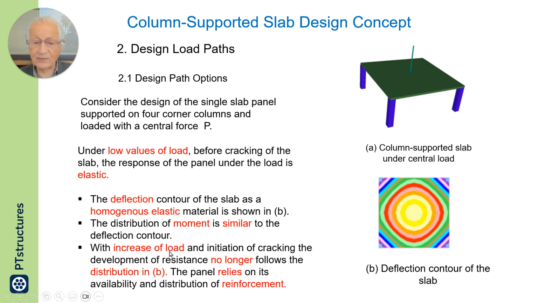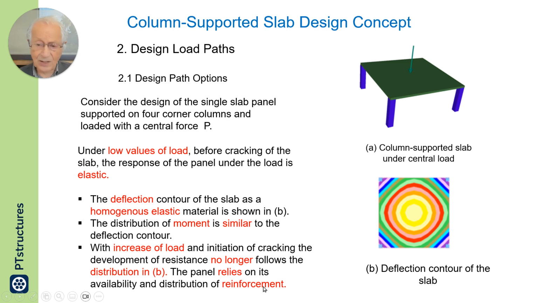With increase of load and initiation of cracking, the development of resistance no longer follows the distribution B. Once cracking starts, then this will be disturbed because we no longer have a uniform homogeneous material. The panel relies on its availability and distribution of reinforcement.